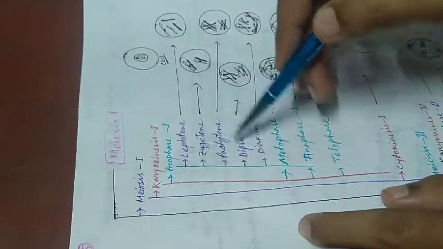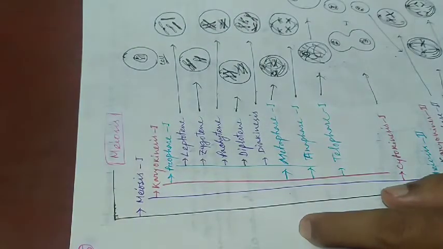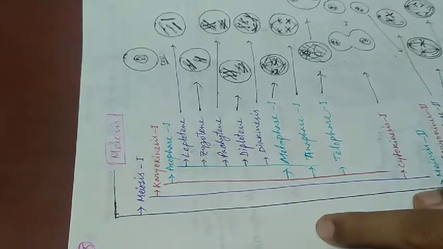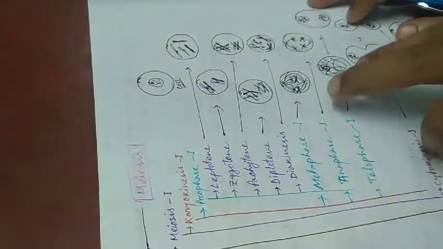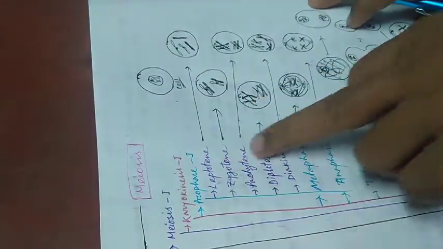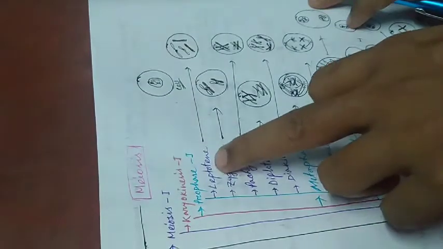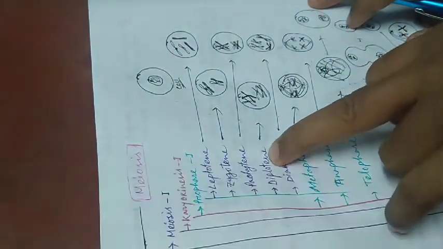That is the most important part of the meiosis cell division. These are leptotene, zygotene, pachytene, diplotene and diakinesis. Remember, the four subphases of prophase 1, leptotene, zygotene, pachytene and diplotene, occur inside the nucleus of a cell.